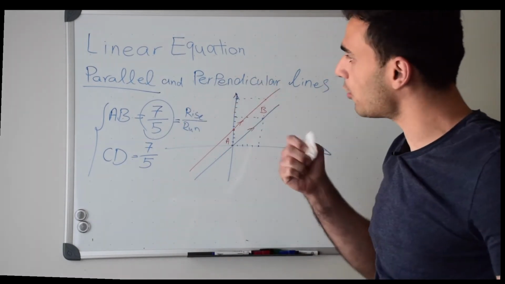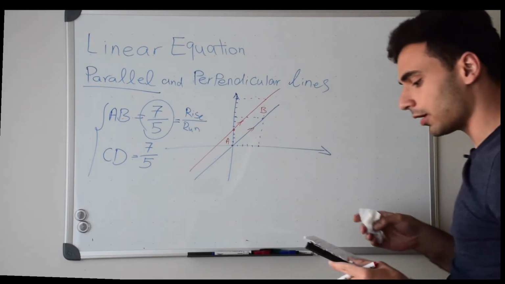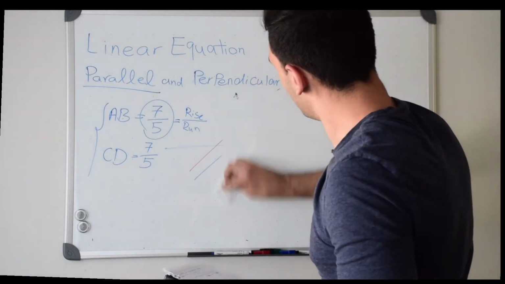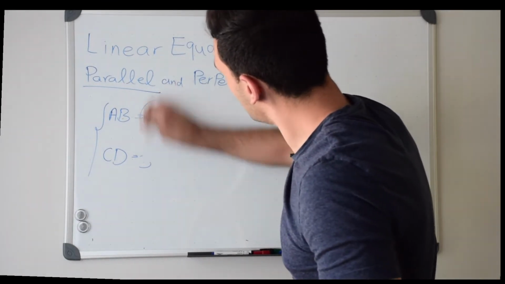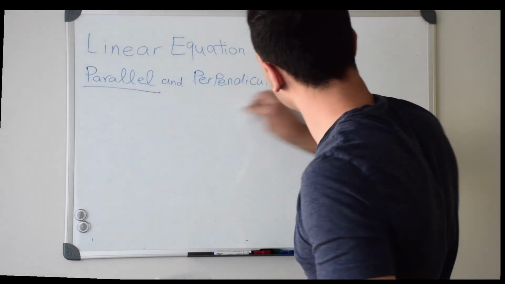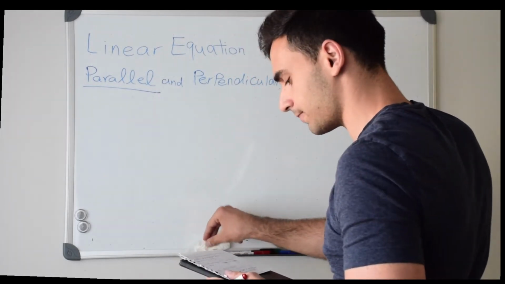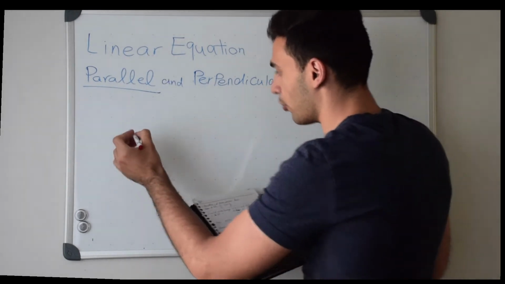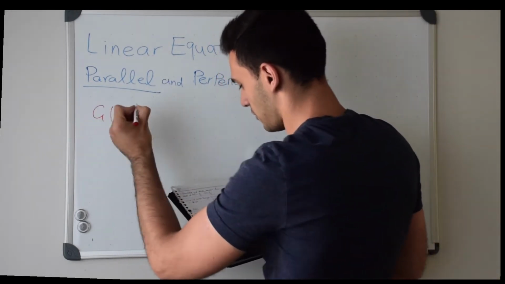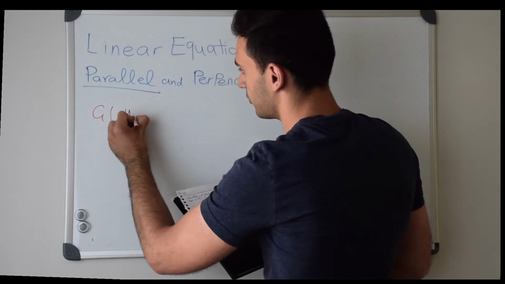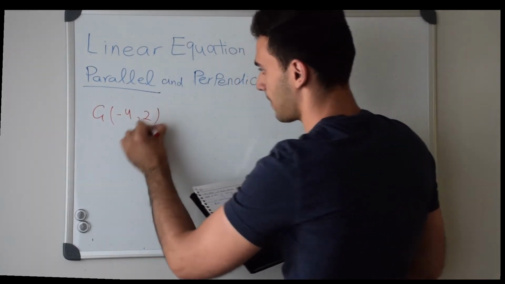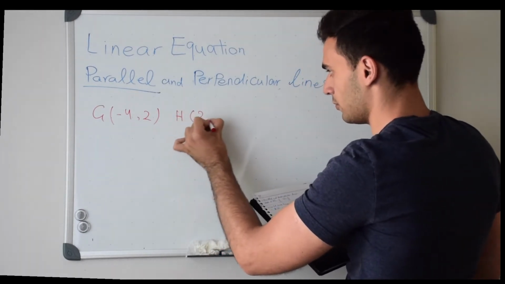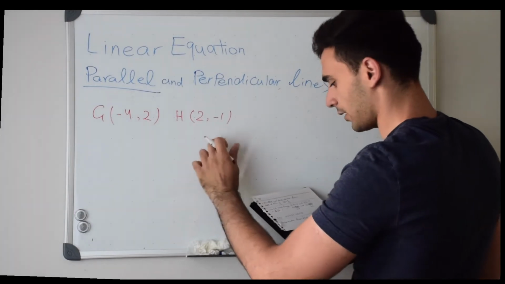Now that we know what a parallel line is, I'm going to solve another example. The question is asking: line GH passes through point G (-4, 2) and point H (2, -1).